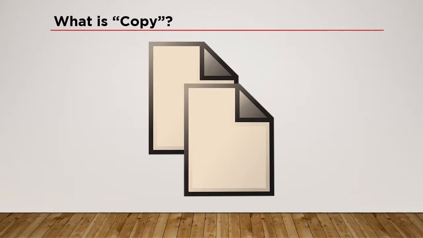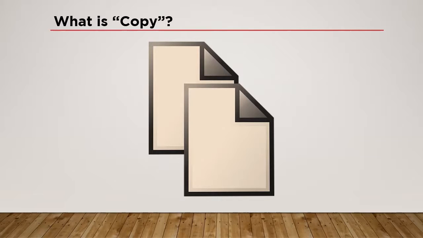Now that we've looked at our example spreadsheet, let's talk a little bit about what copy is. Well, let's think about a piece of paper, and on that paper you have, say, a letter or a memo or even a really small spreadsheet, and now that you've printed it out, you've decided that you would like to make a copy or maybe even multiple copies.